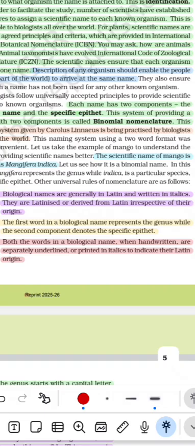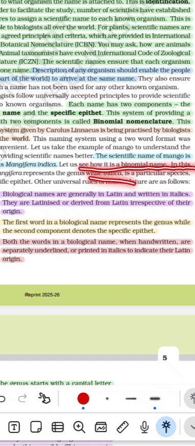So, when we print a biological name, it will be printed in italics. You can see the difference here.